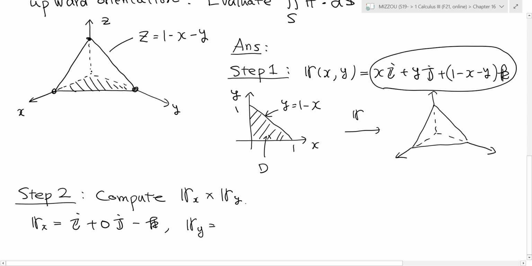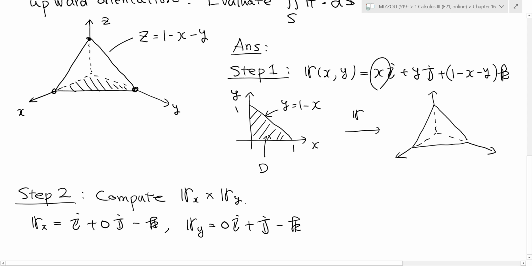If you differentiate with respect to y, you get 0i + 1j - k.